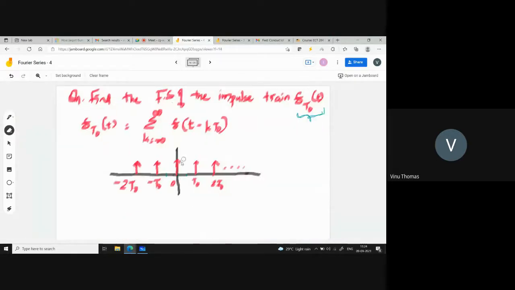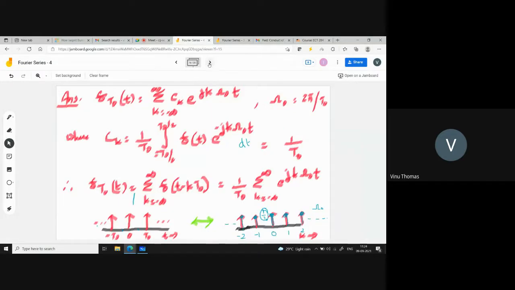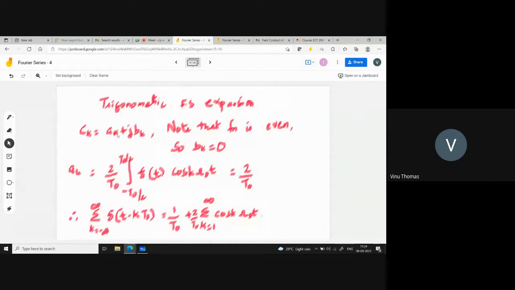This is your impulse train. This is an even function. So what about an even function? What do you have as the result for an even function? You see that bk is equal to 0 for the even function.